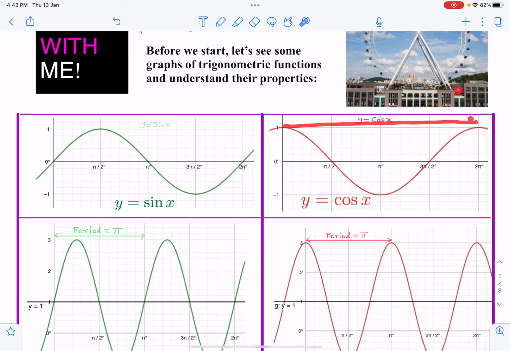So its period is also 2 pi. 2 pi is the period of sine x as well as cos x, or sine theta as well as cos theta. But the difference between them is that this starts at 0, that starts at 1.